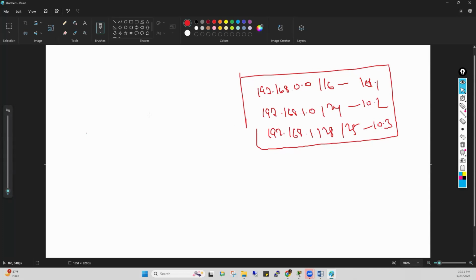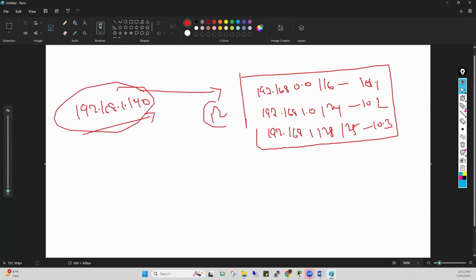And for example, you are pinging 192.168.1.140. The packet will reach the router. What will the router do? The router will check the longest prefix match. Among /16, /24, and /25, the router will choose the longest one, /25, to forward the packet. Understand? I hope this is clear to all of you. So guys, that is longest prefix match.